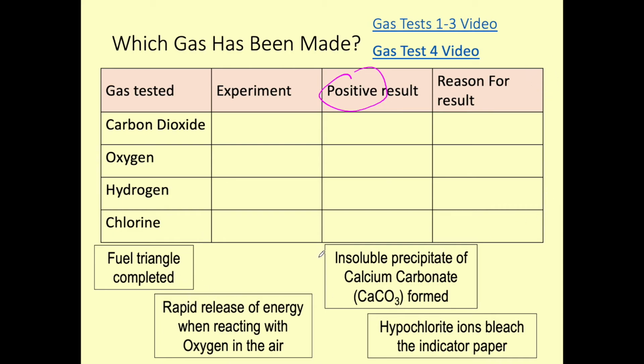We have four choices for you to consider, for you to be able to match those up to the relevant gas that's being tested. Some of those will be explained in the video, some of those you might need to draw on your own knowledge for in order to complete that table.